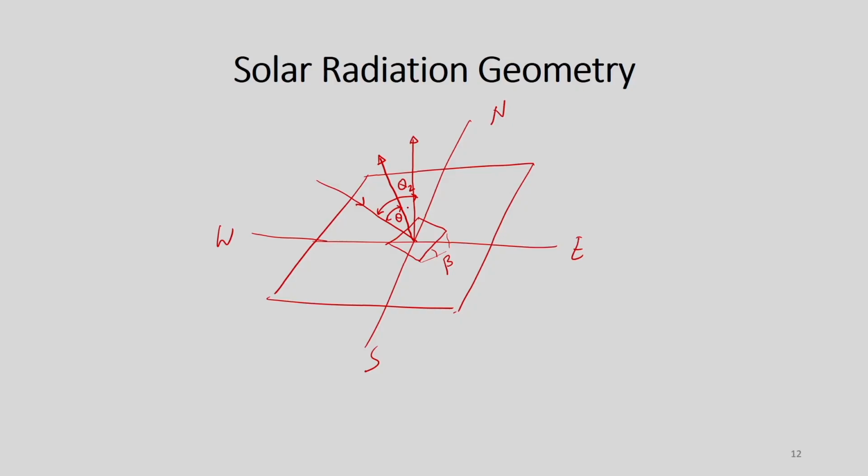So the incidence angle we have already defined, and if we project it on the horizontal plane, this angle is the azimuth, the surface azimuth angle gamma.